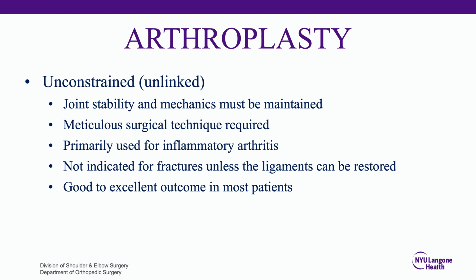It has been used primarily for patients with inflammatory arthritis, but only with patients with inflammatory arthritis whose joint is still reasonably well maintained. It is not really indicated for anything else, including fractures or deformity. If done appropriately, this is associated with significantly improved outcomes, which are mostly rated to be good to excellent.